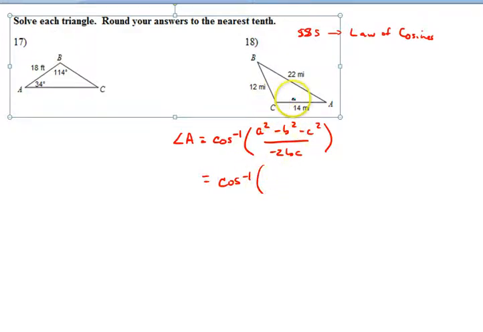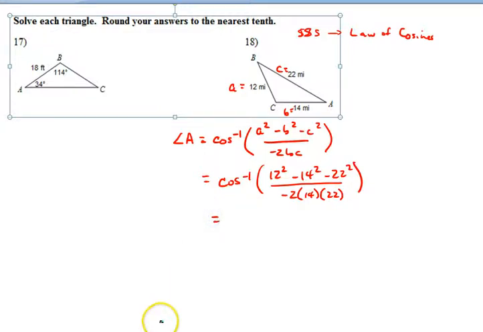A is 12, C is 22, B is 14. So we have 12 squared minus 14 squared minus 22 squared, all over negative 2 times 14 times 22.